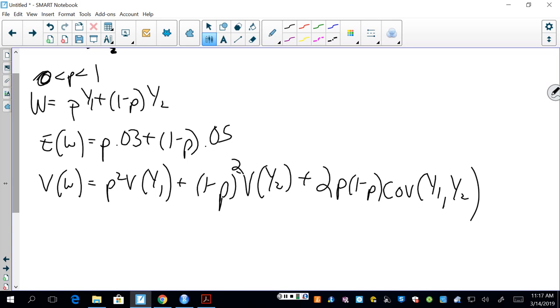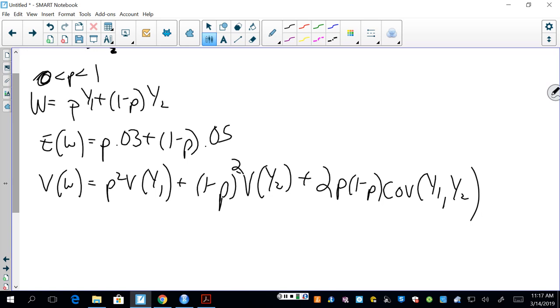Now, so we have expectation and variance. Right? Those are two separate measures, right? If we want to get the biggest average, we're going to choose p equals 0 and put it all in 0.05. Right? If we want the smallest variance, well, maybe we can choose value p to minimize this.